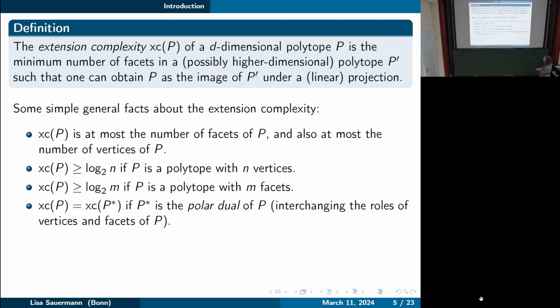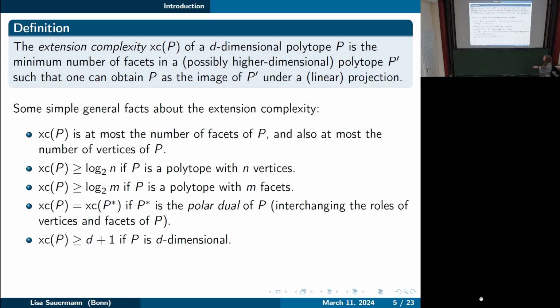You see how these are symmetric in the number of vertices and the number of facets, and that's not a coincidence, because the extension complexity of any polytope equals the extension complexity of its polar dual, which interchanges facets and vertices. So it's not surprising that these general inequalities are symmetric in vertices and facets.